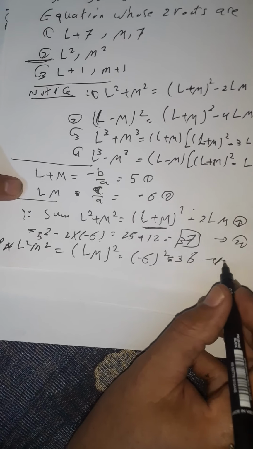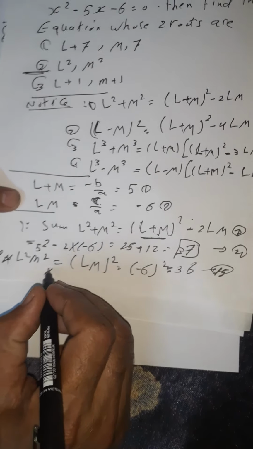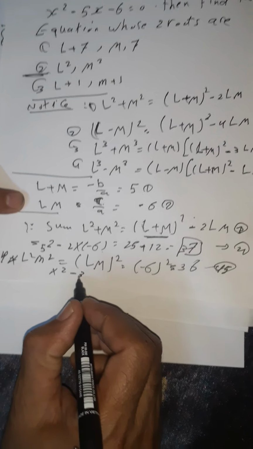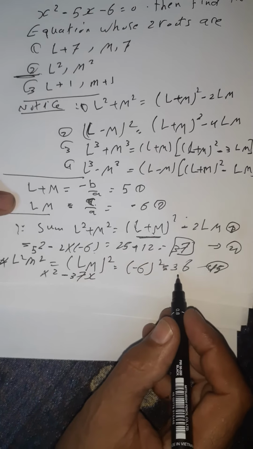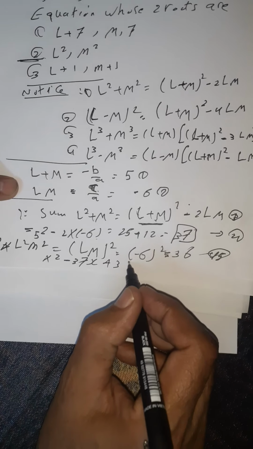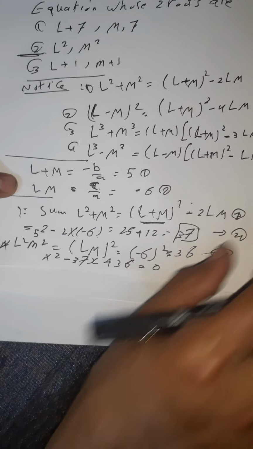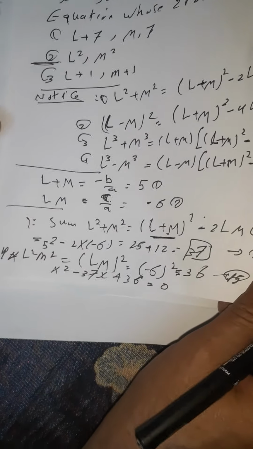Then number 5: the equation is x power 2 minus the sum of two roots, minus 37x, plus the product of two roots, 36 equals 0, and so on. We can find some equations, two complex numbers, and form the equations.